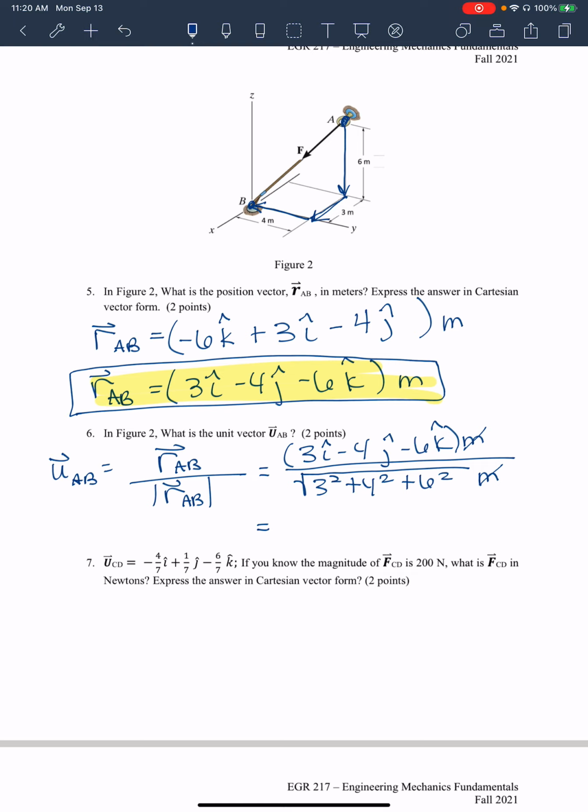And so it's 3 divided by that 7.81. So that's 0.38i minus, and then 4 divided by that 7.81, which is 0.51j, and then minus 6 divided by that 7.81, which is 0.77k.